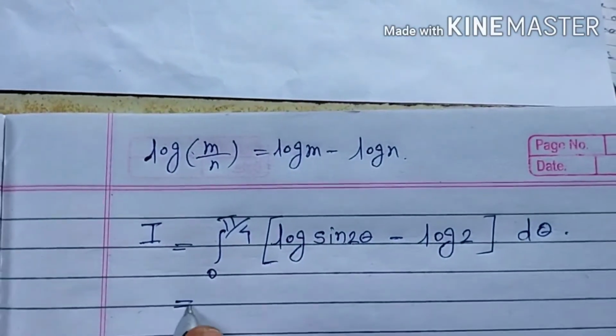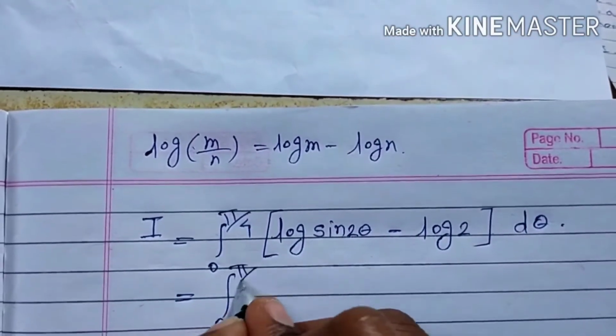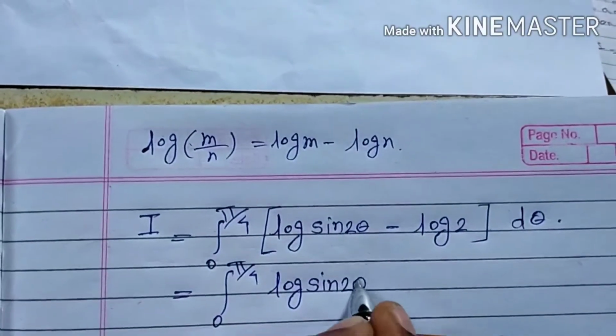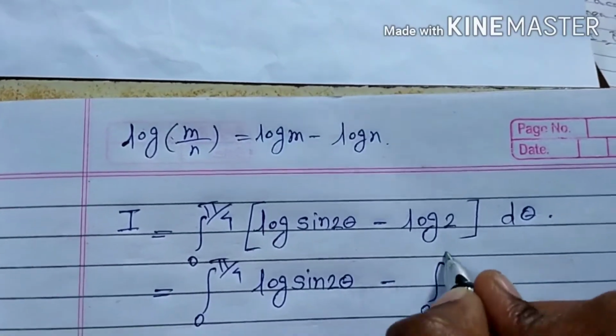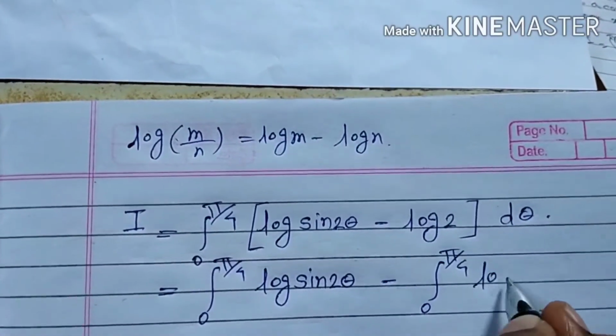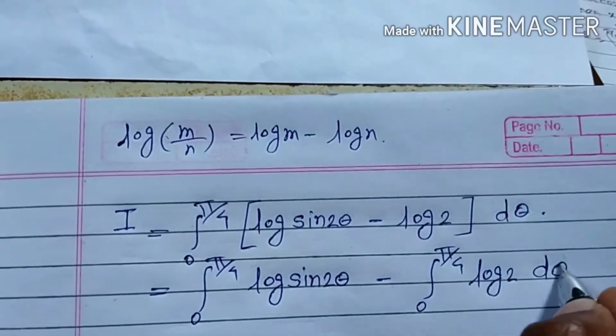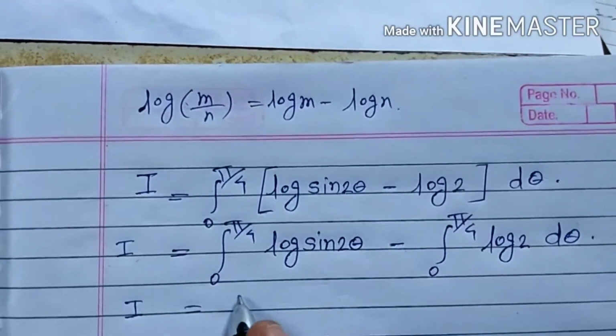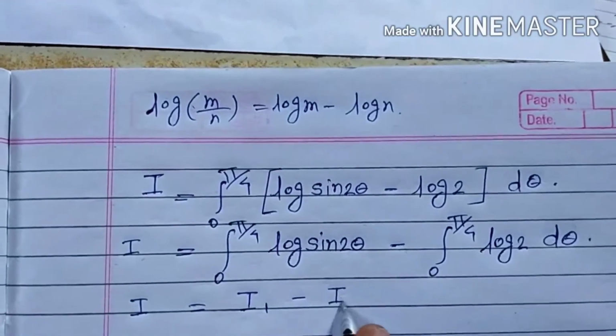Now separate this function: integral of log sin 2 theta minus integral from 0 to pi by 4 of log 2 d theta. Now it is I1 minus I2.